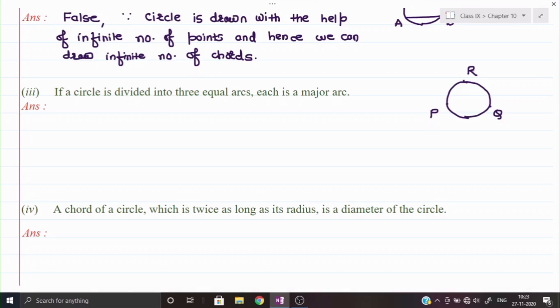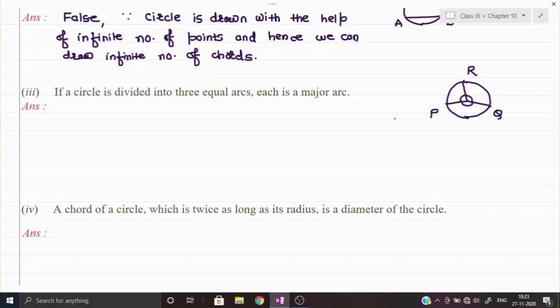It means that when we take the angle at the center by the arc PR, or by the arc QR, or by the arc PQ, all these three angles will be the same, because if the arcs are the same, they will make the same angle at the center.